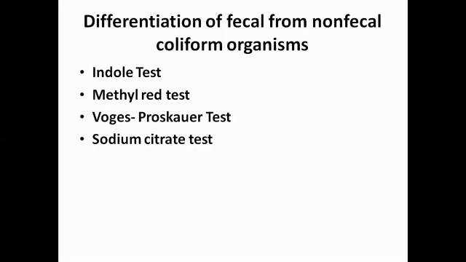The medium is inoculated with a loopful of bacterial suspension suspected as coliform and incubated at 37 degrees Celsius for 24 hours. Ability to use sodium citrate is indicated by the production of turbidity or growth in the medium, and absence of turbidity or growth gives a negative citrate test.